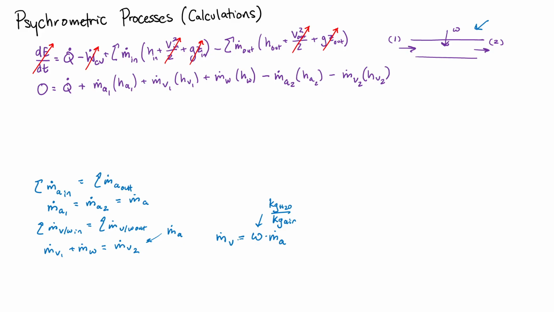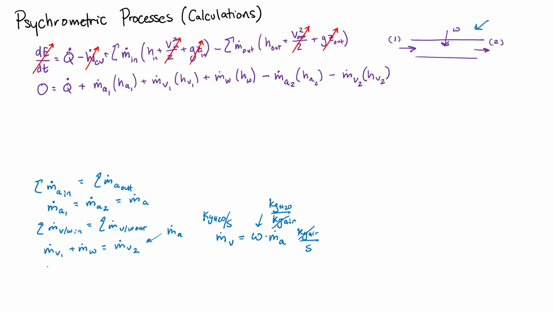So this is converting my mass flow rate of kilograms of air per second. Kilograms of air cancel. I get kilograms of water per second, which is my m dot v.